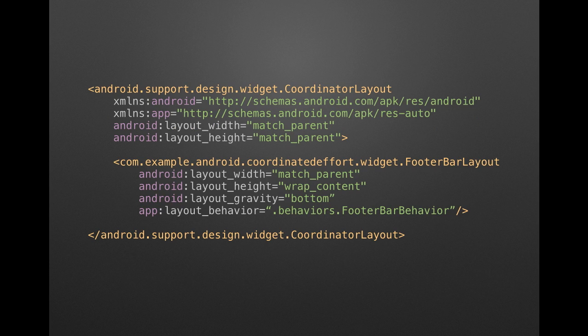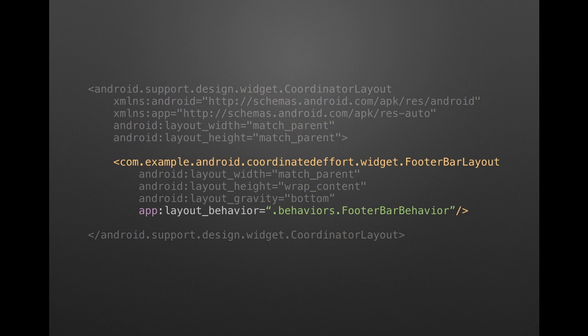The other option is to do it in XML. So when you build a layout with a coordinator layout as the root, all the child elements inside of them, if you don't want to use the default behavior for that view, or maybe one doesn't exist, you can explicitly attach a behavior to a view using the XML tag. Okay, so in my layout, I can declare this layout behavior and tell it the class name of the behavior I want to attach.